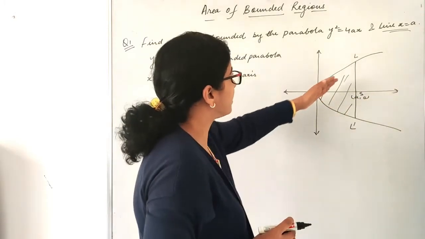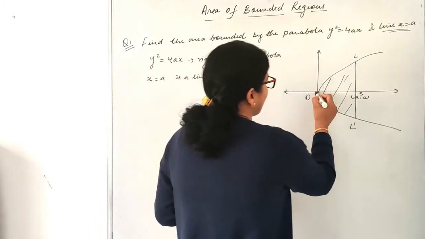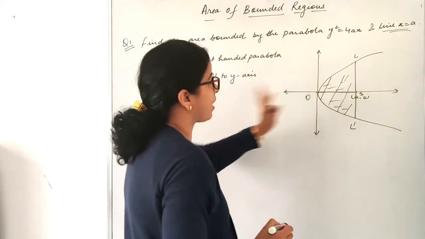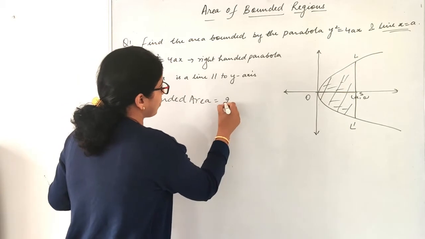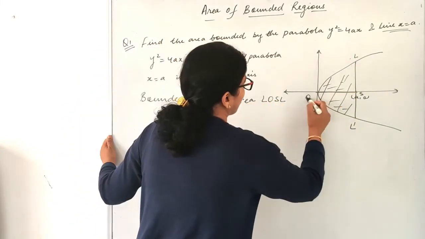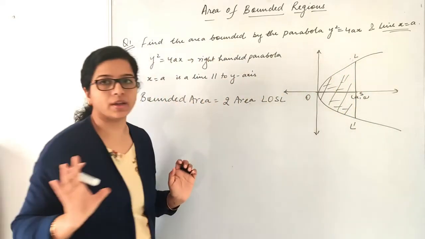Now since this parabola is symmetric to x-axis, right? So the area bounded by this region and this region will be same. So I can write it as bounded area equals twice the area LOSL. If I twice this area, I will get the whole bounded area, right?